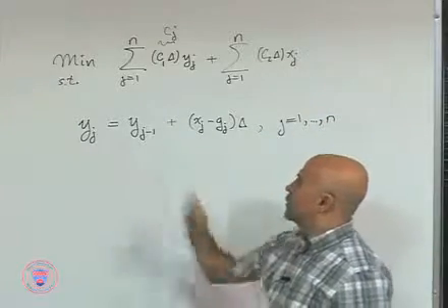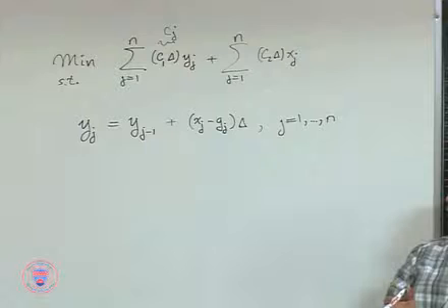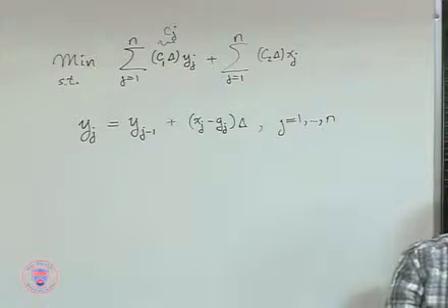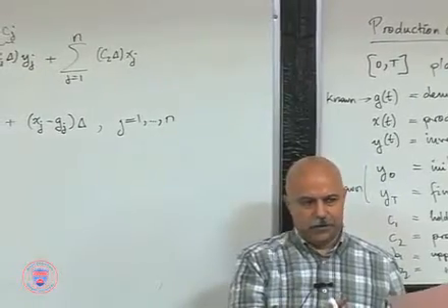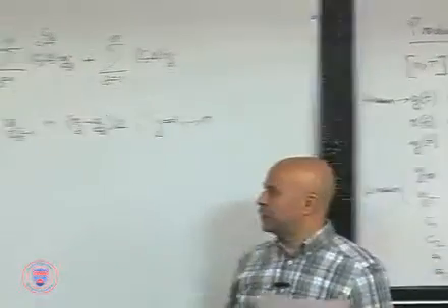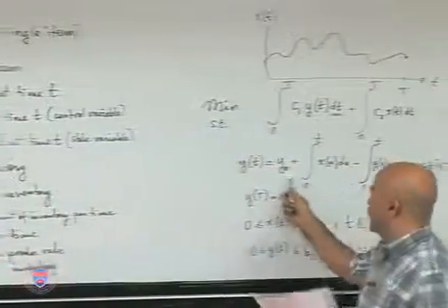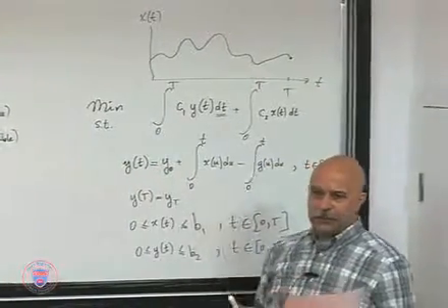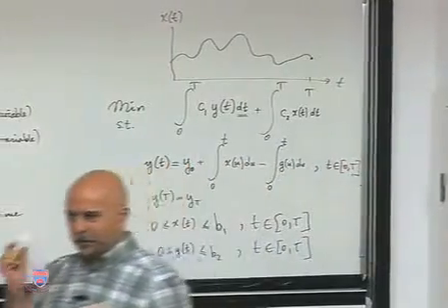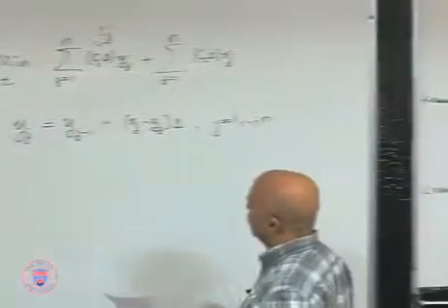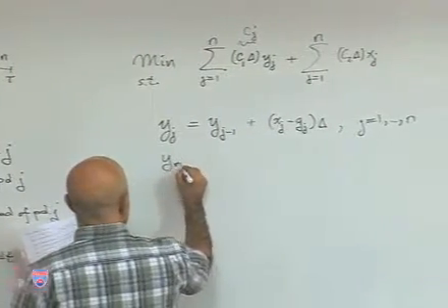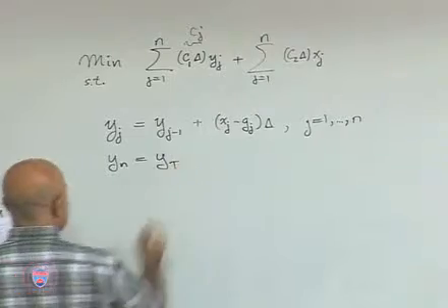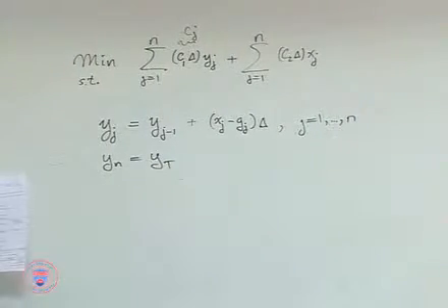So this constraint tells you how to connect the jth period inventory level to the previous inventory level, rather than connecting the initial inventory to the time point T. We made a switch of viewpoint here. All right, the last one will be the target inventory.